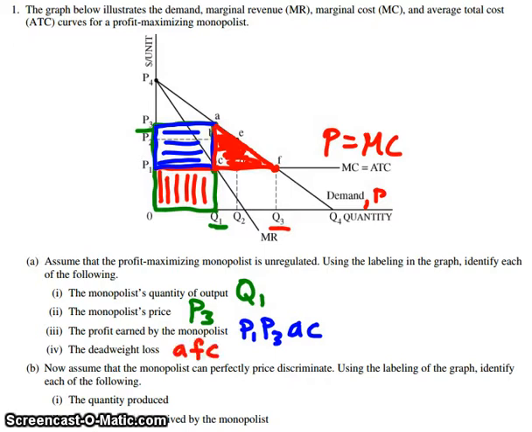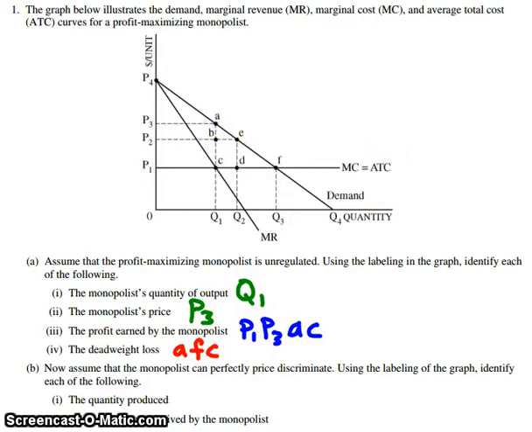For part B, we're assuming that now the monopolist can perfectly price discriminate. Remember, price discrimination means that we charge each consumer exactly what they're willing to pay. Let me clean this up just a moment here. So in essence, that would involve reuniting the marginal revenue with the demand curve out here.